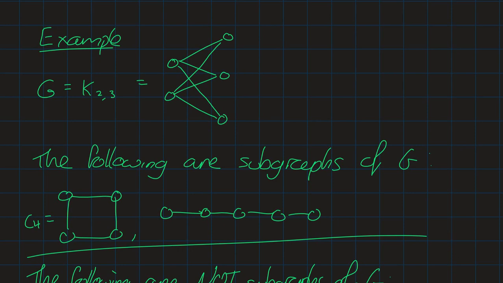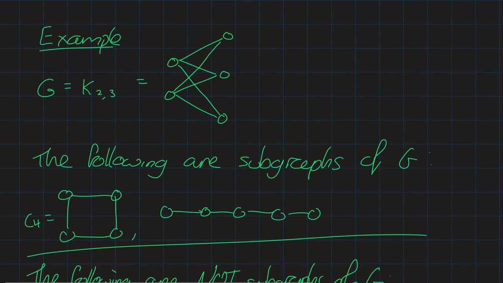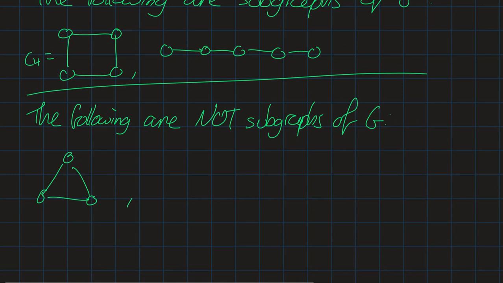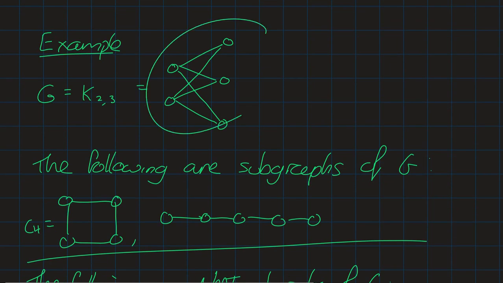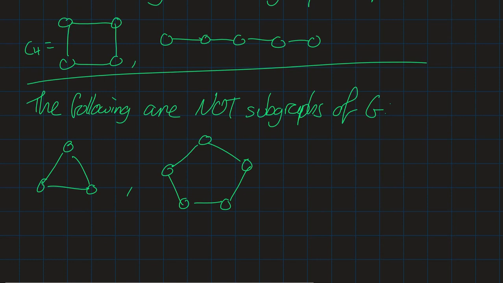It's just impossible to find this graph living inside of this graph, so it's not a subgraph. Similarly, this is not a subgraph of this graph, because you just can't find this living inside there.